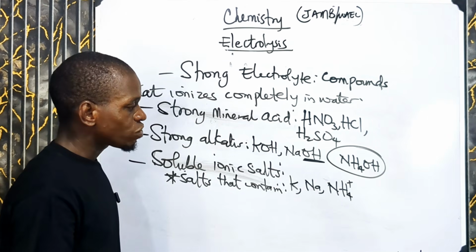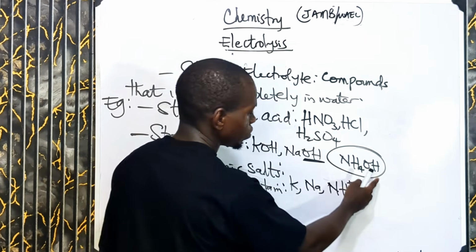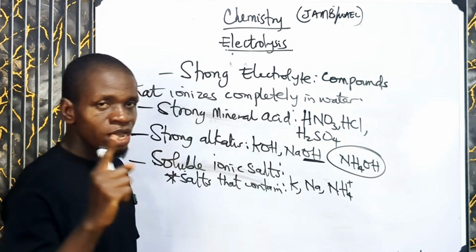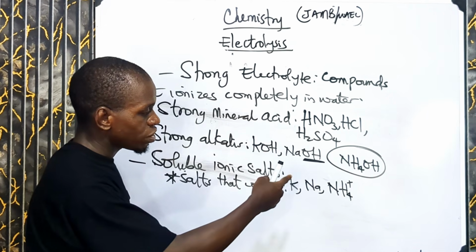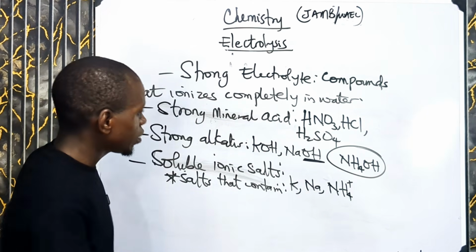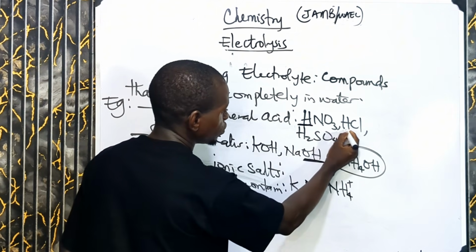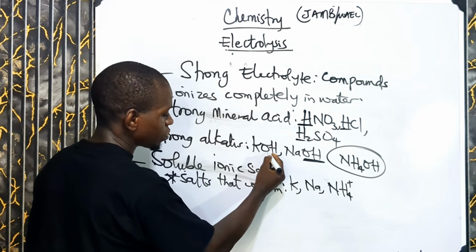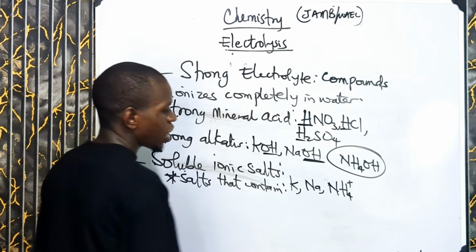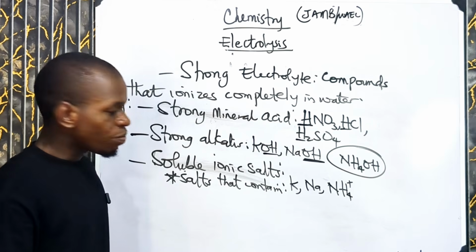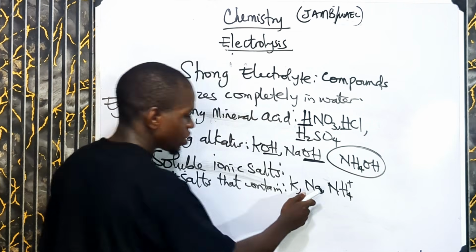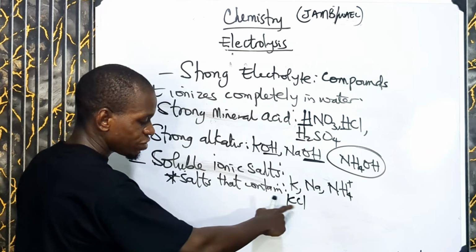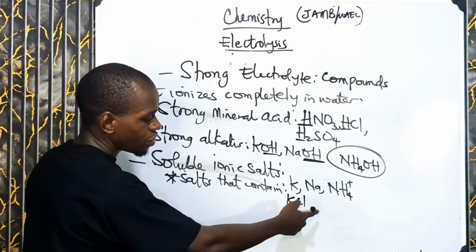Salt does not contain hydroxide. Acids always contain hydrogen and start with hydrogen. Bases always contain hydroxide and end with OH. But salt doesn't end with that. Let's say, for instance, this is a salt, potassium chloride. You are not seeing hydroxide in it.